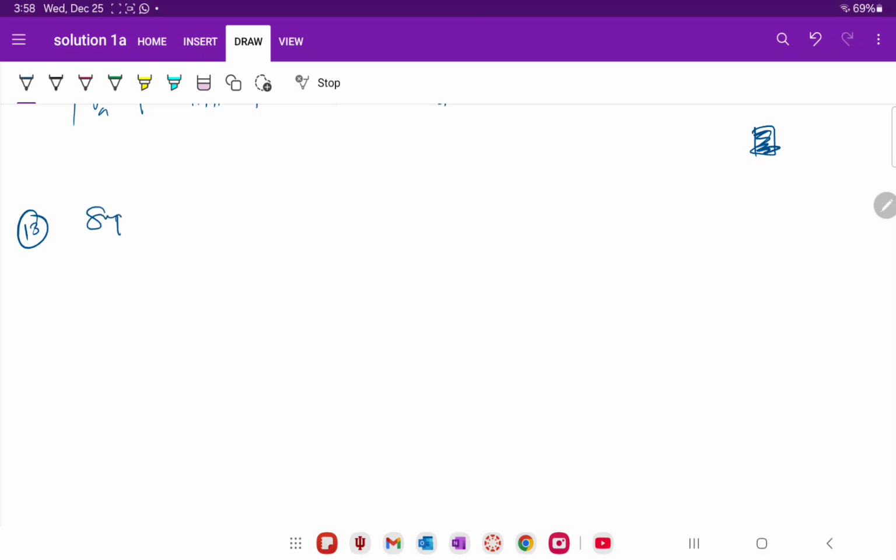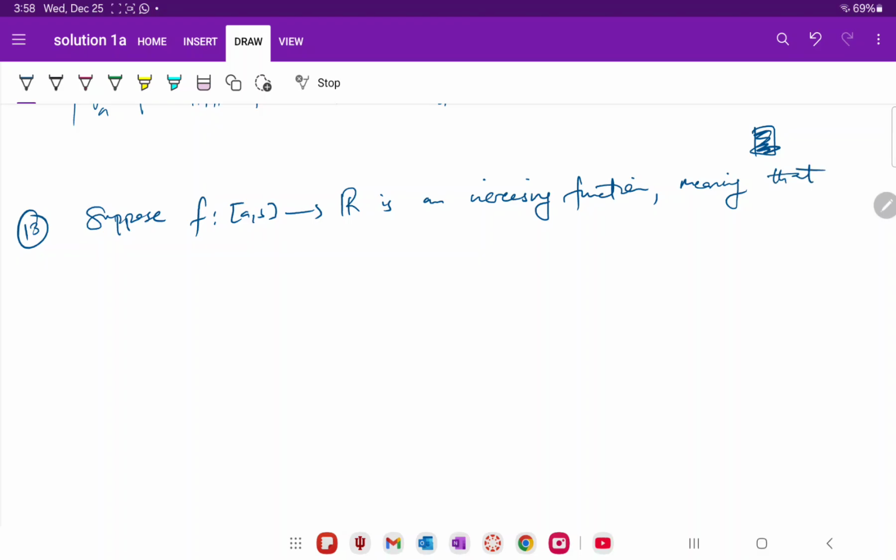We have: suppose f from a, b to R is an increasing function, meaning that c, d belonging to a, b with c less than d implies f of c less than f of d.